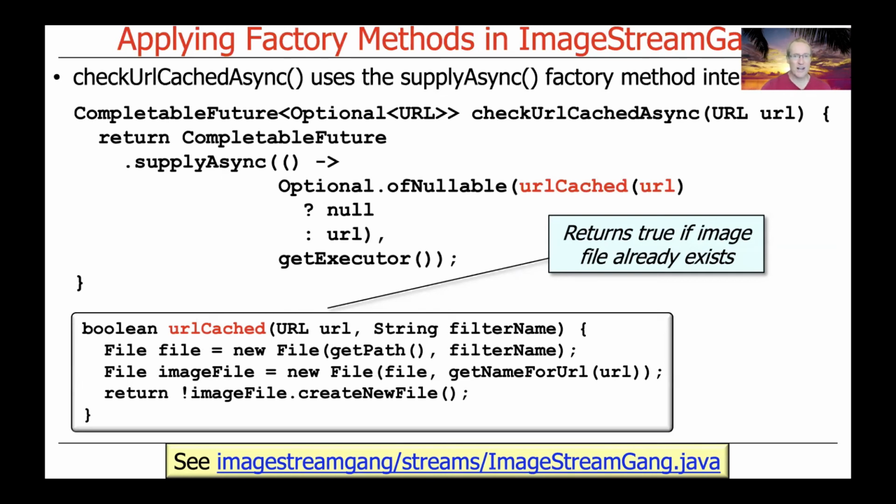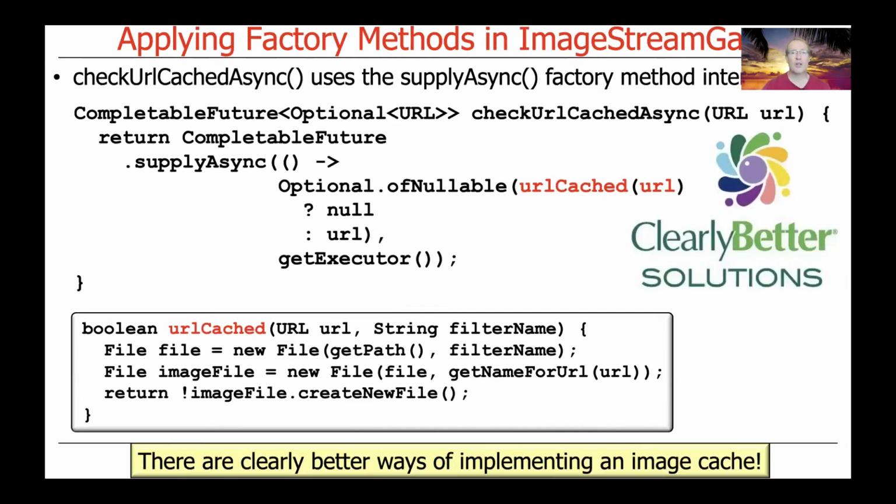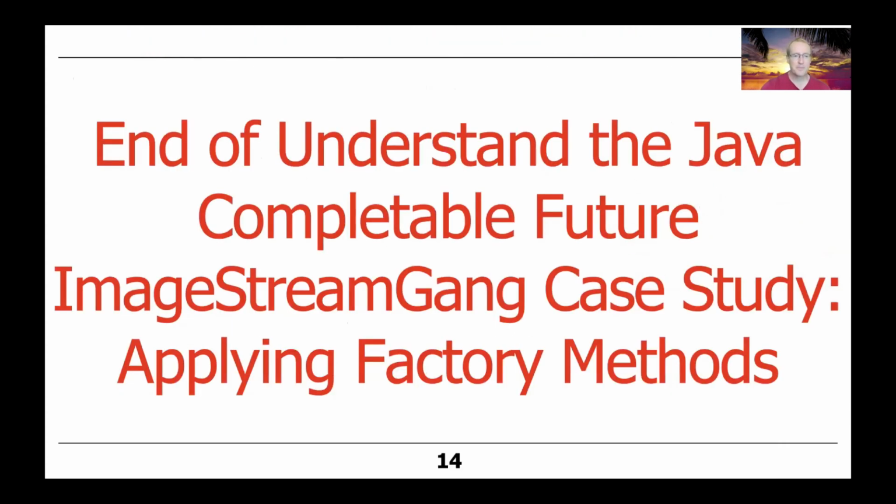We're just using it here in an asynchronous context called from the supplyAsync factory method. There are clearly better ways of doing caching. I think I mentioned before when we talked about parallel streams that you could also do something that involves the age field, the max age field that's used with HTTP. And you can basically set up websites so that an image will only live a certain amount of time, after which point the client is instructed to go back and refresh the cache.